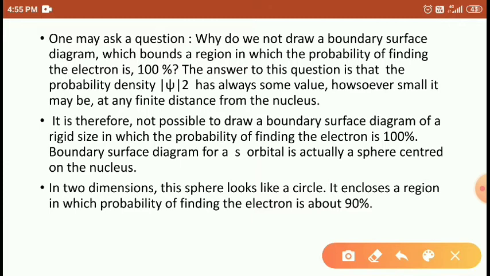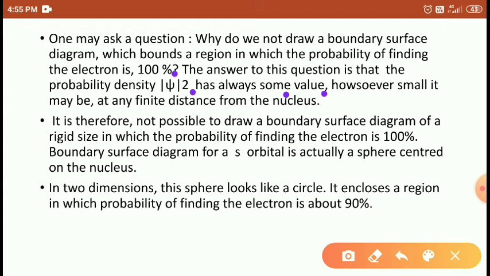So one question: why do we not find a boundary surface diagram where the probability of finding the electron is 100%? The answer to this question is that the probability density, psi square, always has some value. Psi square has some value here, students, right?